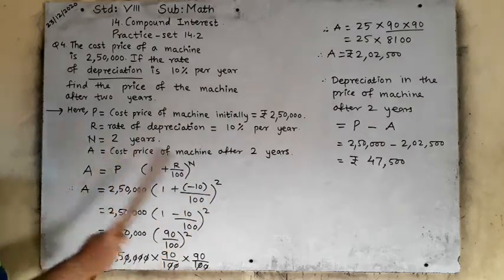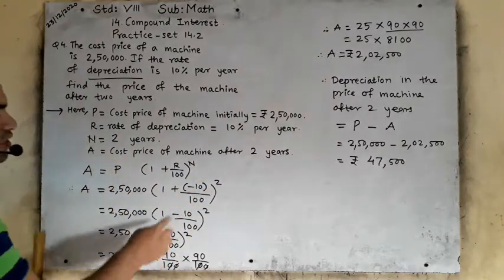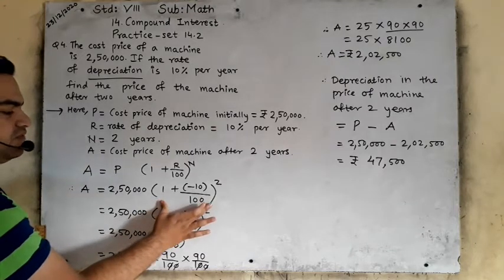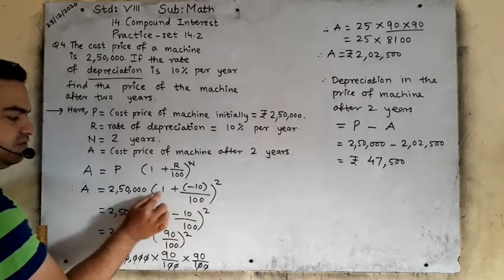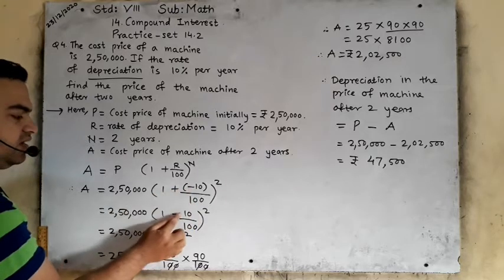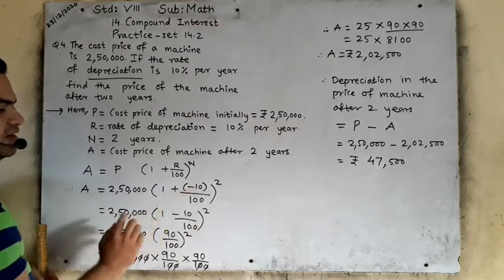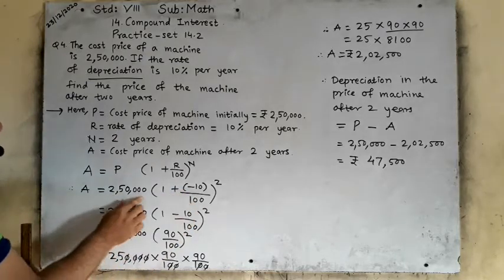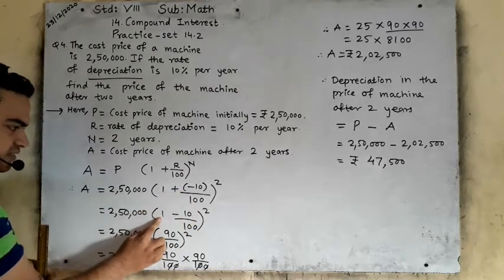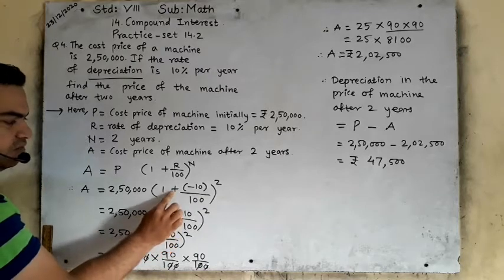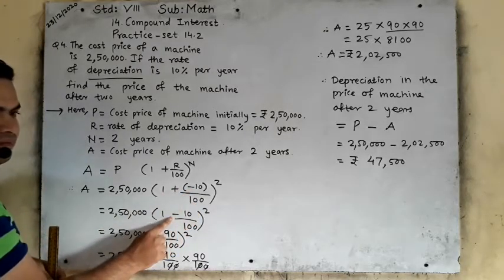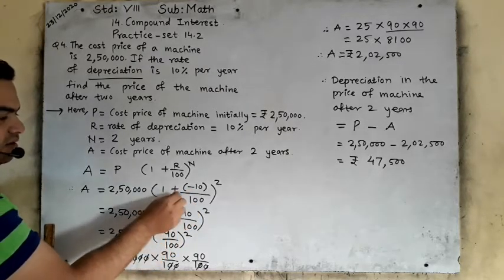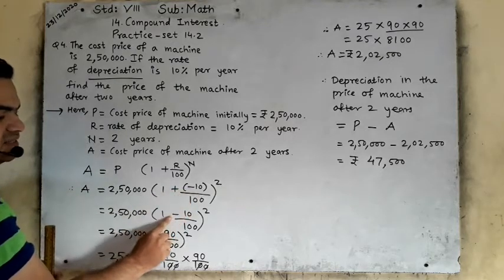N value is the number of years, 2 years. Now what will we do? Always remember, first we will solve the bracket. 100 ones are 100 plus, here it is minus 10. This plus and this minus multiply each other, so the answer will be minus. 2,50,000 as it is, 1 as it is. Now plus multiplied by minus will be minus.